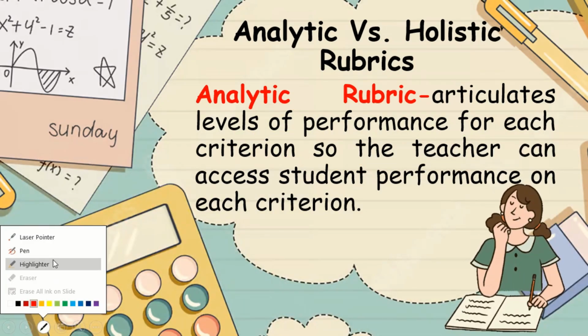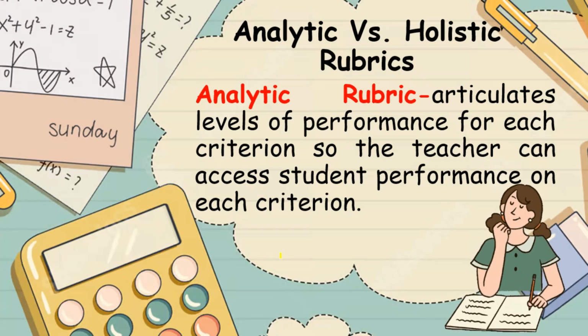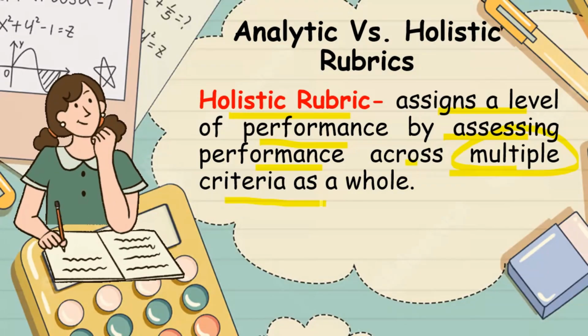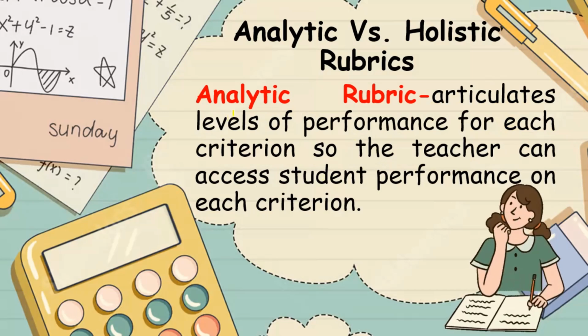So, in contrast to analytic rubric, we have the holistic rubric. So this assigns a level of performance by assessing performance across multiple criteria as a whole. So always remember, in holistic rubric, it assigns a level of performance, while in analytic rubric, it just articulates the level of performance for each criterion.